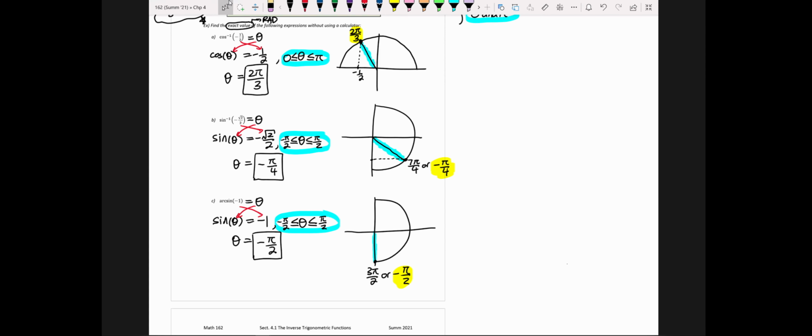So secant of pi over 4 is going to be 2 over root 2. And we rationalize the denominator. We get 2 root 2 divided by 2. 2 divided by 2 is 1, so our final answer is square root 2. To find the exact value of the composition, we need to evaluate the inside function and then evaluate the outside function.